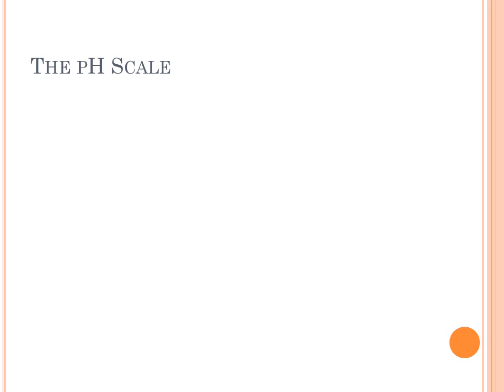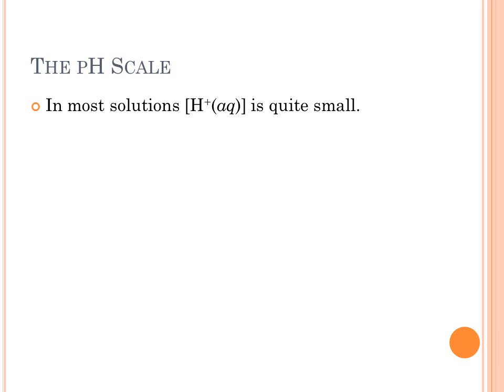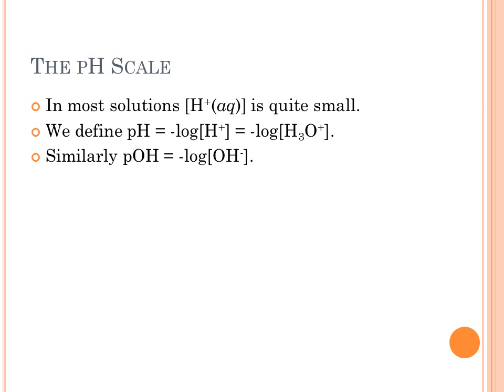Let's talk about pH. In most solutions, the H+ ion concentration is quite small, but it could theoretically be high. So we're going to define pH as the negative log of the hydrogen ion or hydronium ion concentration. But that's a log base 10, not a natural logarithm, so be careful.